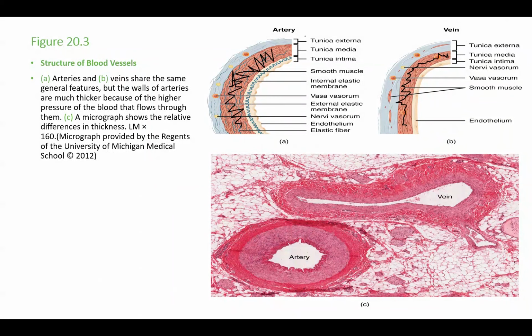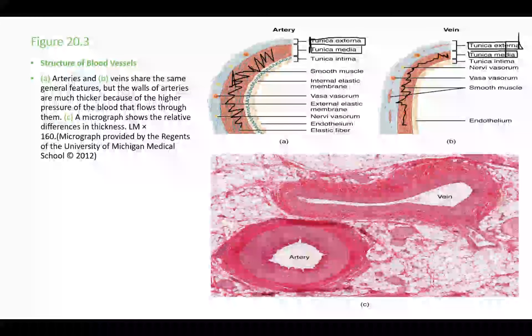Now, both of them actually have three main layers. The outer layer over here is called the tunica externa. It is made of connective tissue, mostly fibrous tissue. And then the second layer is the tunica media. Media means middle, and this tunica media consists of smooth muscle. And we just compared that the muscle of the artery is bigger.